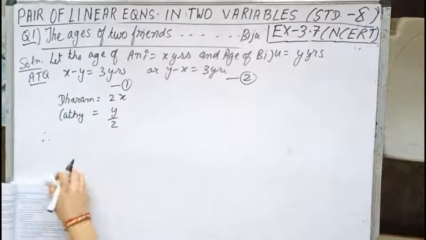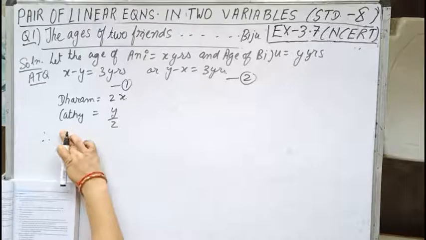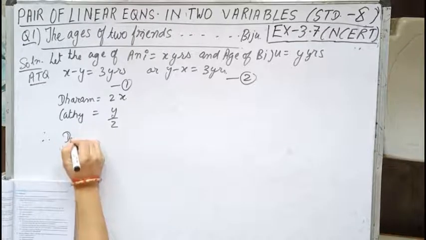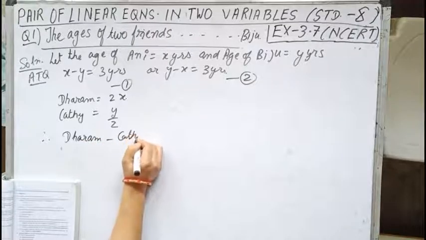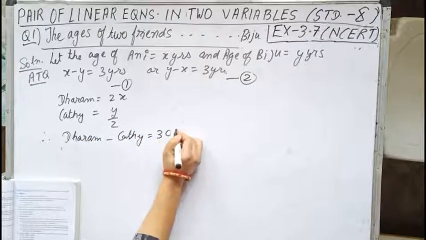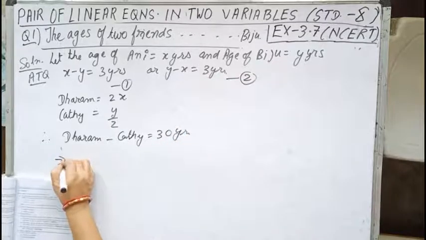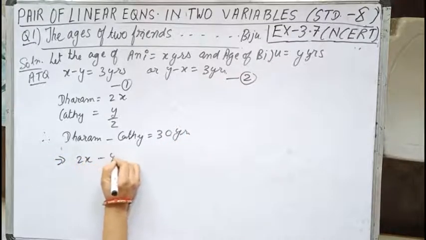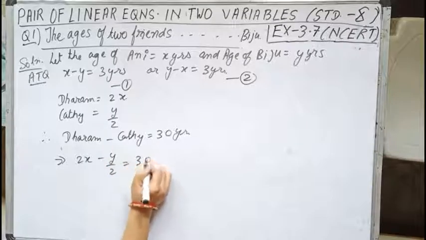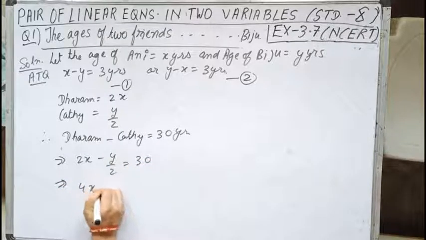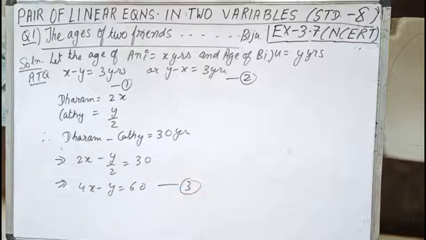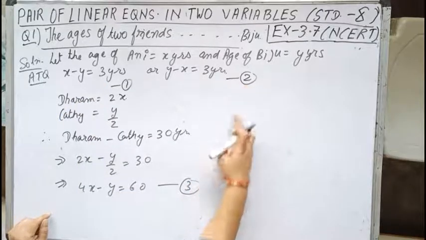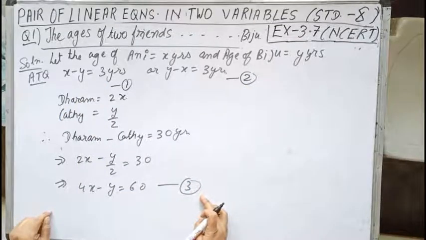Therefore, Dharam minus Kathy equals 30 years, which implies 2x minus y by 2 equals 30. This implies 4x minus y equals 60. This we will make equation number 3. Now we will solve 1 and 3 to get the values of x and y. Similarly, we will solve equations 2 and 3 to get the values of x and y.